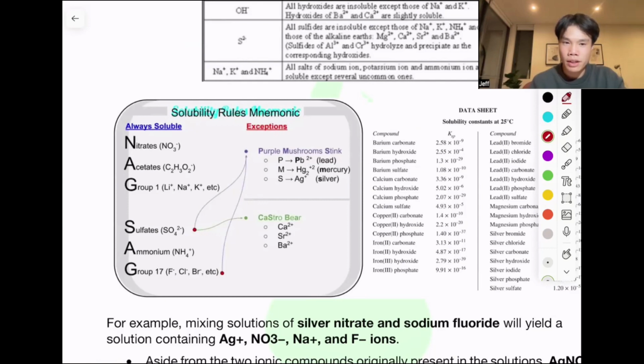PMS and Castro-Bear tell you the exceptions. So PMS being lead, mercury, and silver. These are insoluble with sulfates and group 17s, so your halogens. And Castro-Bear is calcium, strontium, and barium. They are insoluble with your sulfates.